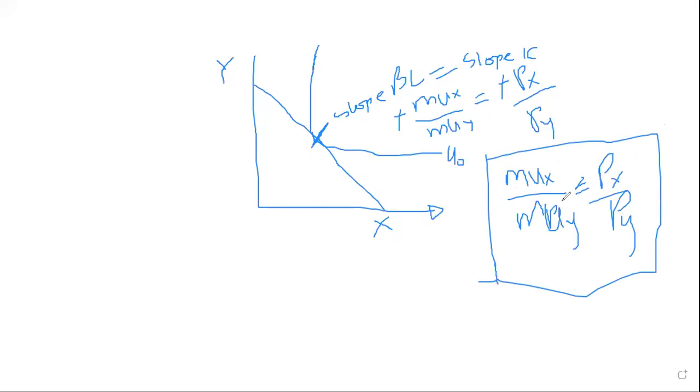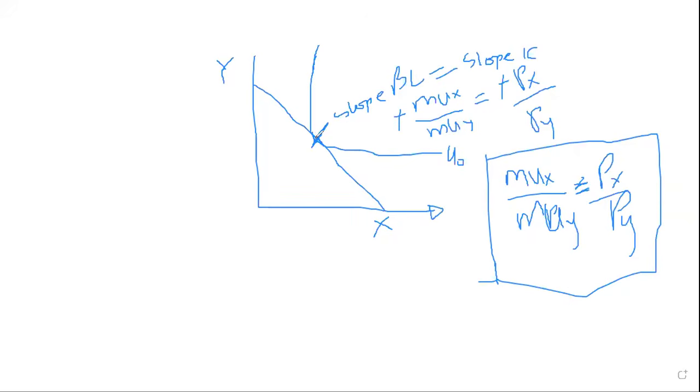Now this is the equilibrium of the consumer using the ordinalist approach. Now what do you see? You see that it's the same as the equilibrium of the consumer for the cardinalist approach when you have two commodities. So this is where we say the consumer is in equilibrium, when what he can do is equal to what he's willing to do.